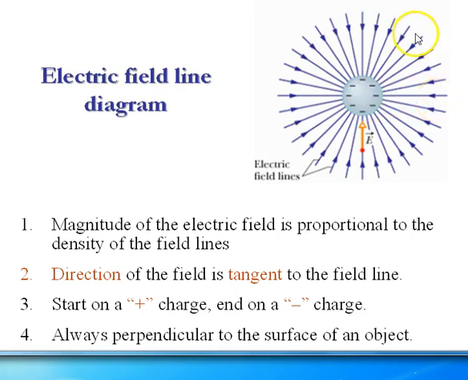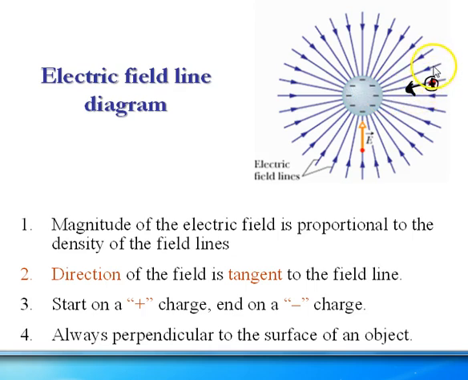If there is a positive charge sitting in the field of influence, or where this source charge can exert an electric force on another charge, then it's going to be attracted to the negative charge, and that will be the direction of the force on this positive charge sitting out here in the space surrounding our negative source charge.